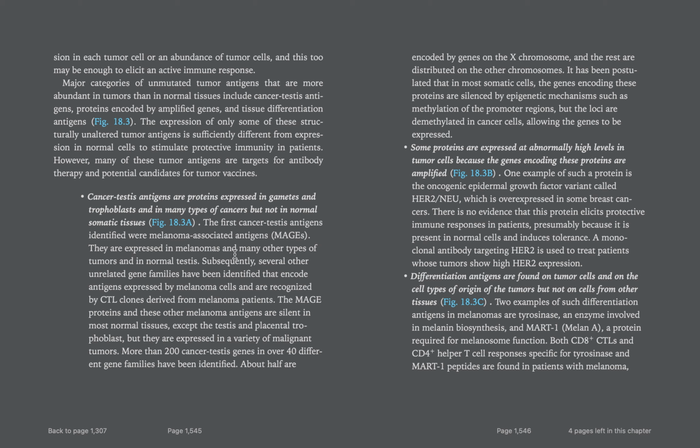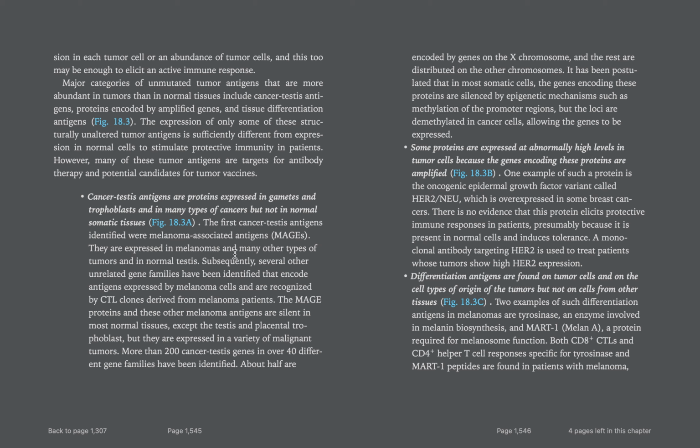About half are encoded by genes on the X chromosome, and the rest are distributed on other chromosomes. It has been postulated that in most somatic cells, the genes encoding these proteins are silenced by epigenetic mechanisms such as methylation of the promoter regions, but the loci are demethylated in cancer cells, allowing the genes to be expressed.